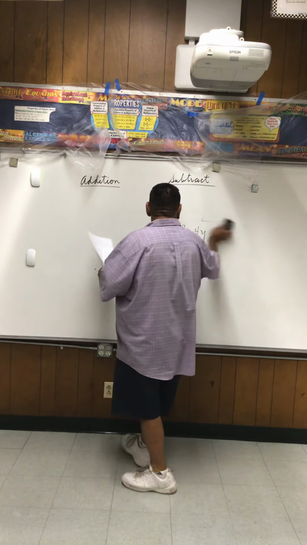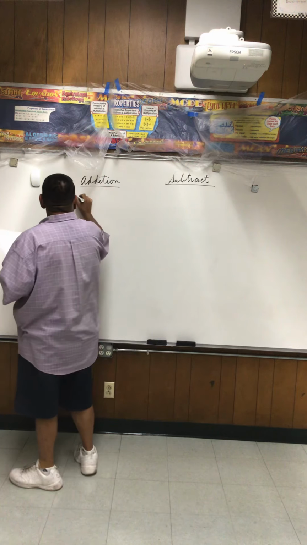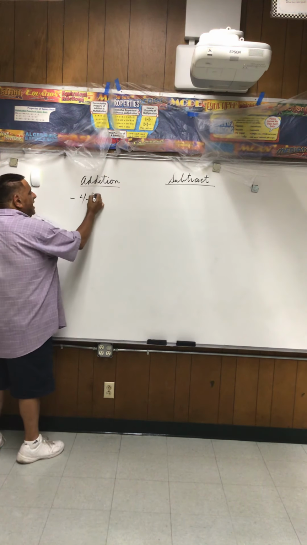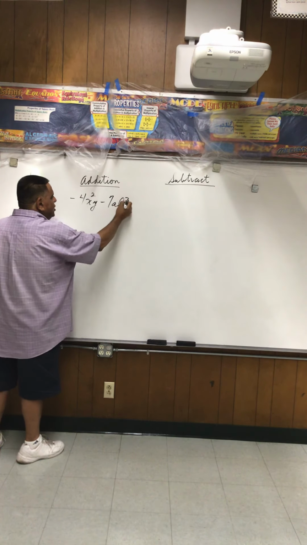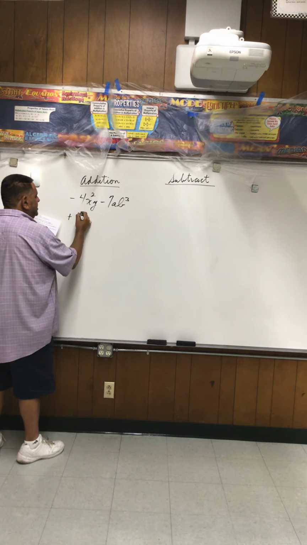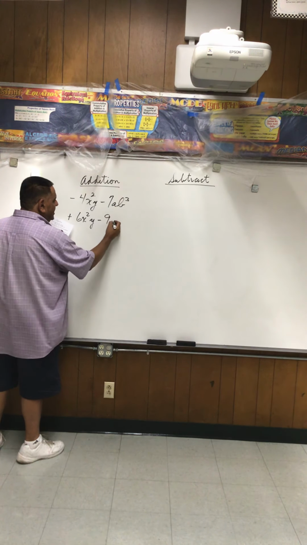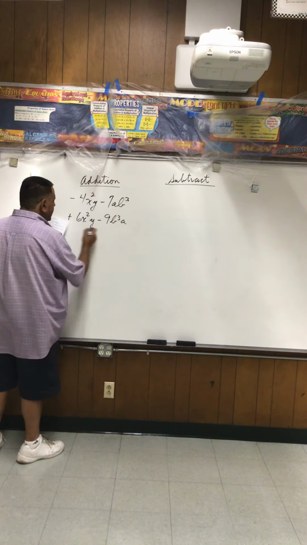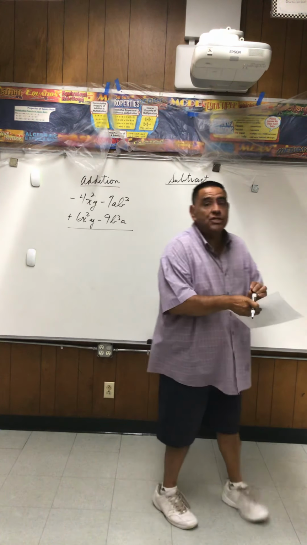So let's say we have something like this. Negative 4x squared y minus 7ab cubed plus 6x squared y minus 9b cubed a. And it says add. So the first thing you need to do is look and see.